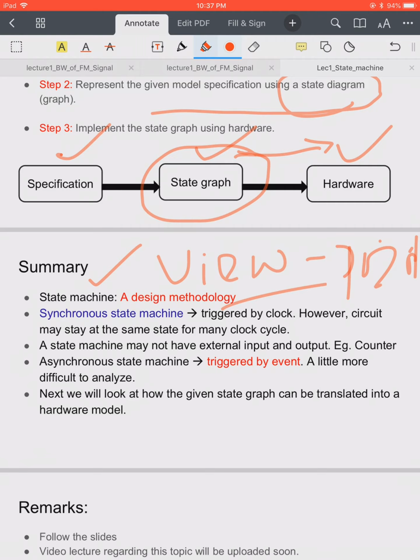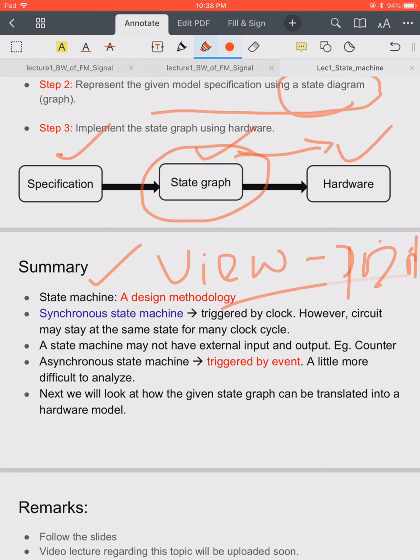And what is an asynchronous state machine? We have not discussed it, and it is a little more difficult to analyze, because it is not triggered by clock but by events. It means the system changes its state from one state to another when a particular event occurs, and if another particular event occurs, it goes to another state.